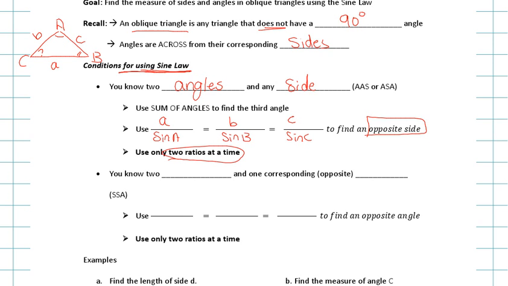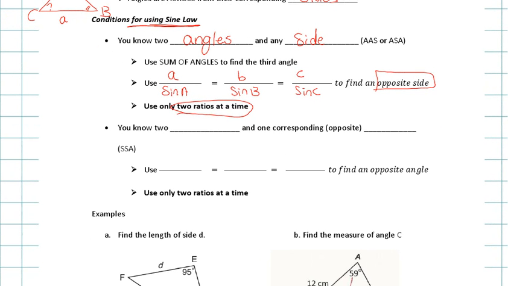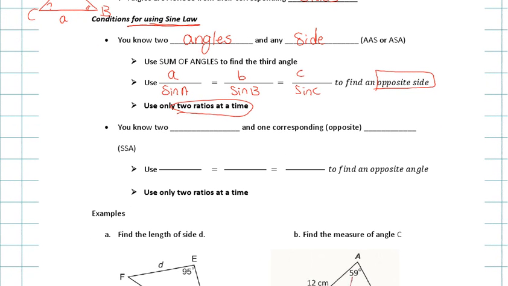Now, you either know two angles, or you know two sides and one corresponding opposite angle. This is very important here. You must have a corresponding opposite angle to one of the sides.